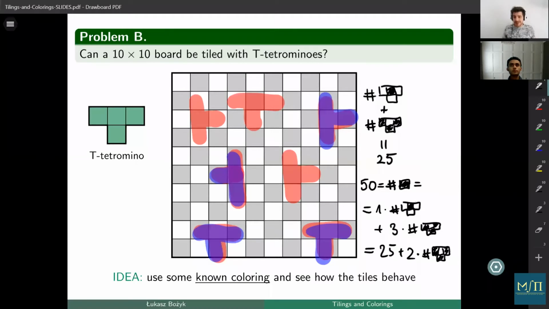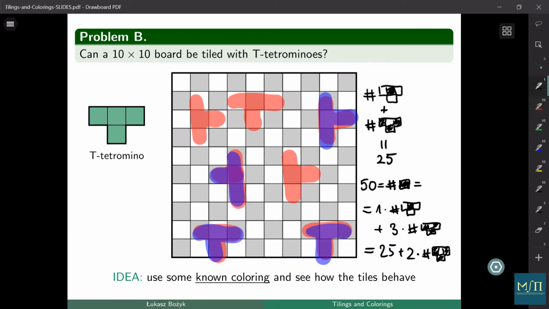And sometimes a chessboard is just enough for such a reasoning. You may try to think about different sizes of chessboards here, when they can be tiled with T-tetrominoes and when not. And you can try to develop another coloring that will solve the problem. I encourage you to try whether you can find another solution.